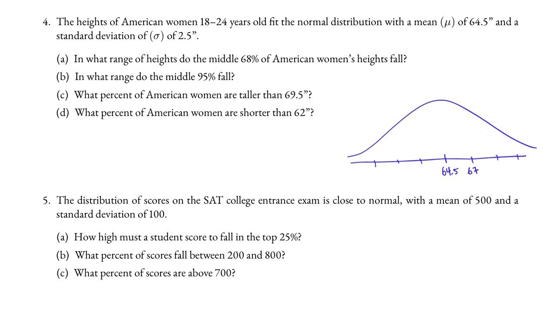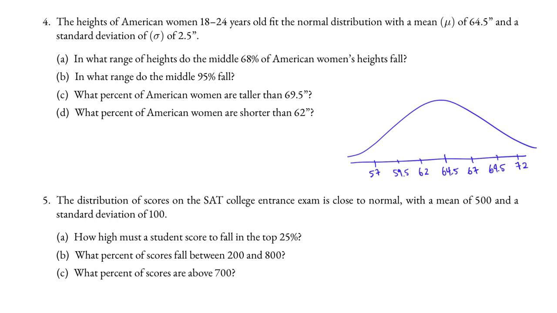Add another 2.5, we get 69.5, and add another 2.5 to get 72. Going to the left one standard deviation, we take 64.5 minus 2.5, which gives us 62, minus another 2.5, we get 59.5, minus another 2.5 to get 57.